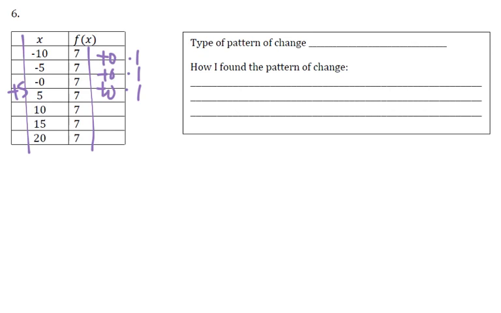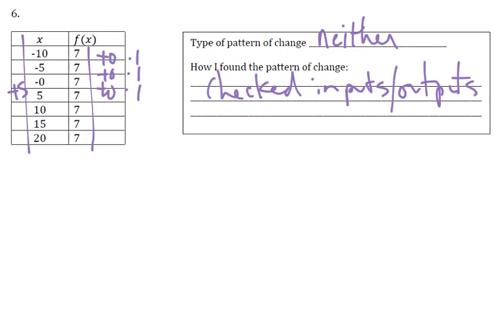So since it fits both, I would probably call this one neither, because it's something different going on here. How did we find the pattern? We checked our inputs and outputs. Okay, because it could be both, you could argue that it's one or the other, but to me, since it can be both, it's got to be neither, because there shouldn't be able to be both. Something else is going on.